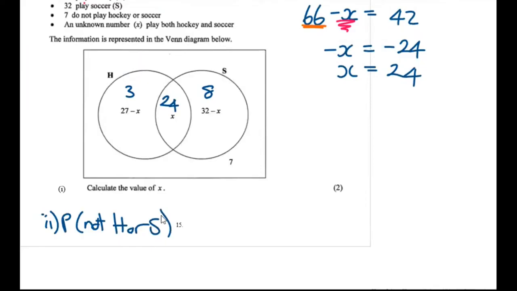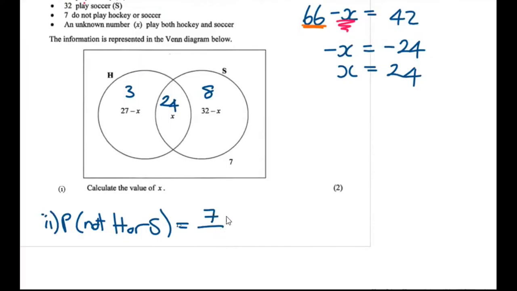Guys, please notice I write the P when I'm trying to say I'm taking the probability of, but you'll notice my answer will just be a number. Okay, so not hockey or soccer. What would we do there, Emma? Would we say 7/42 because they play nothing? Okay, because 7 of them do not play hockey and they don't play soccer.